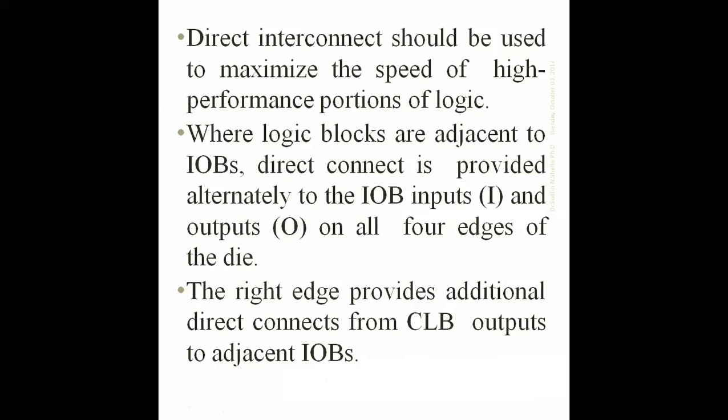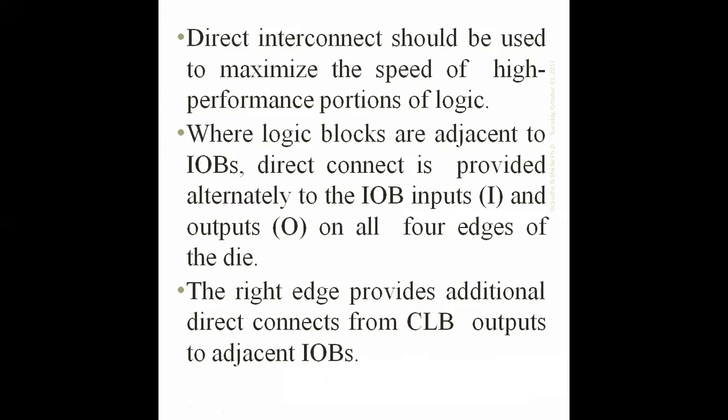Direct interconnect should be used to maximize the speed of the high performance portion of the logic. Where logic blocks are adjacent to the IO block, direct connect provides an alternative to the IOB input as well as output on all four edges of the die.